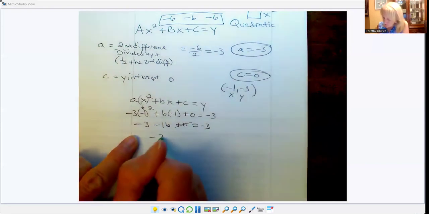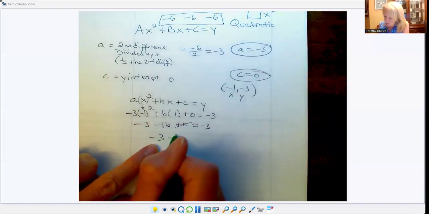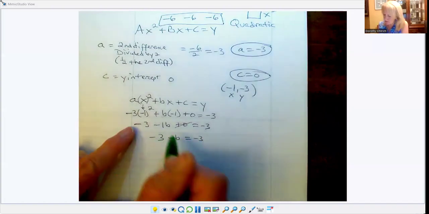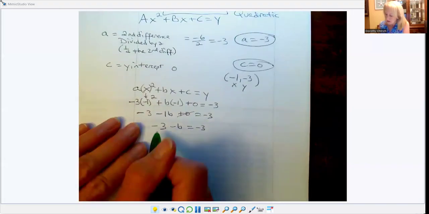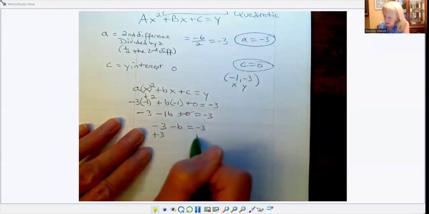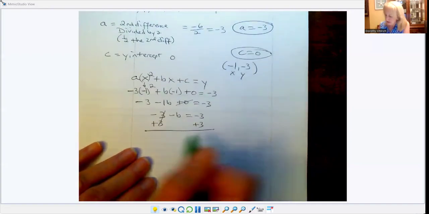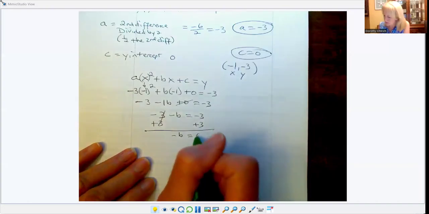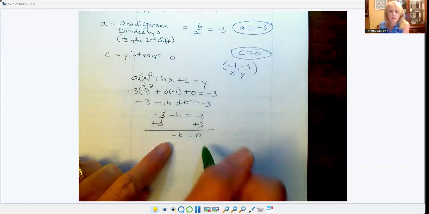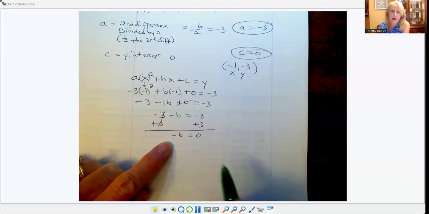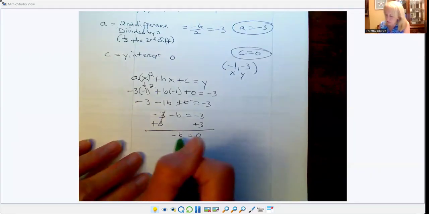If we're solving for b, -3 minus b equals -3. I'm just simplifying. I would add 3 to each side. What do I bring down? -b. -3 plus 3 is 0. We want to find out what regular b is. It's not going to matter because it's 0, but I wanted to show you.